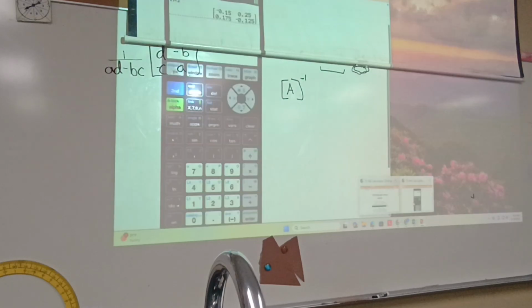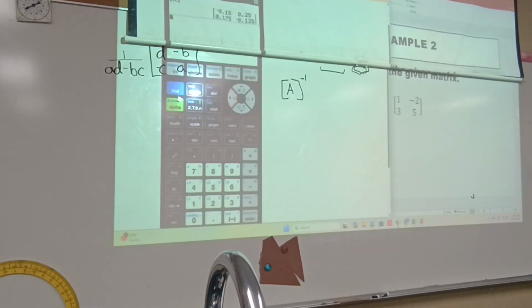Second matrix. This one's going to be a nasty decimal. I would round. If you're writing it down, I would just round to 2 decimal points for this one.